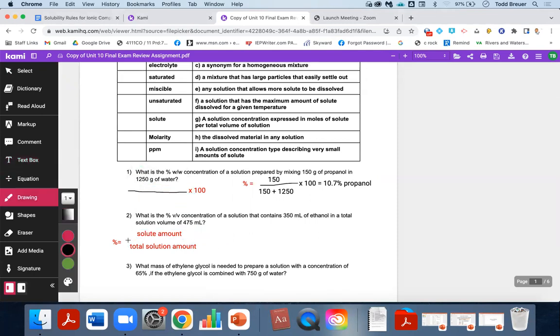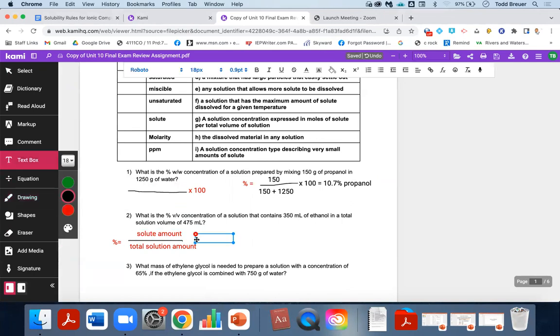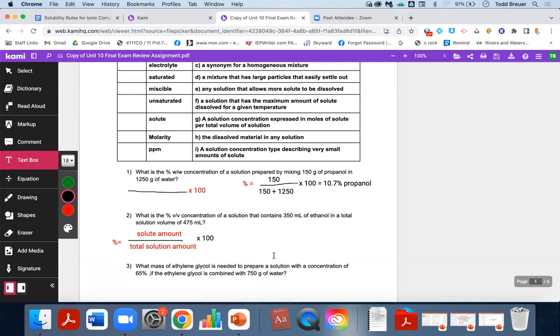And we'll just do it this way. And here we go. So when we read this one, it says we have 350 milliliters of ethanol. Again, that's our solute, what we're making the solution of. Look at that, a total volume now. So that's how this is different than number 1. They give us the total in this one.